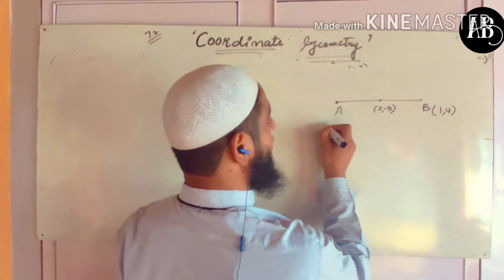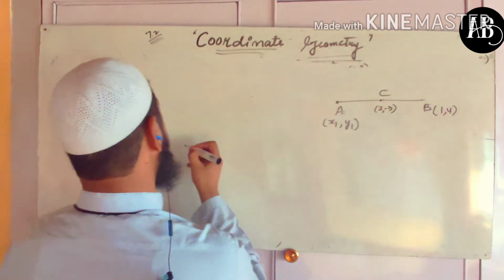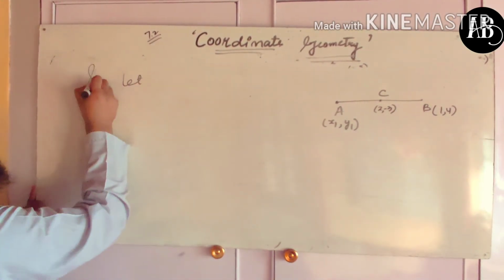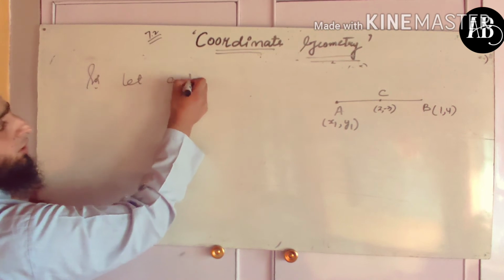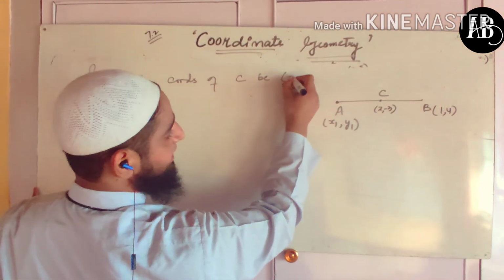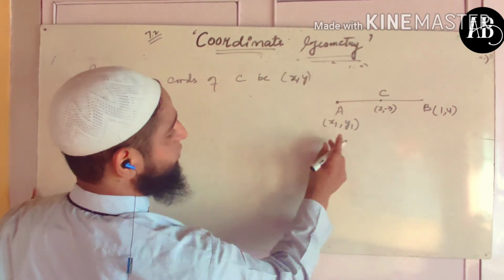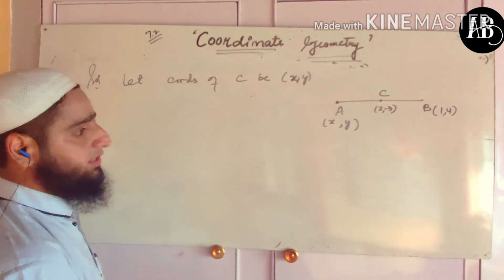We have to find the coordinates of A. It means we will say, let the coordinates of A be (x, y). It is not necessary to write x1, y1.